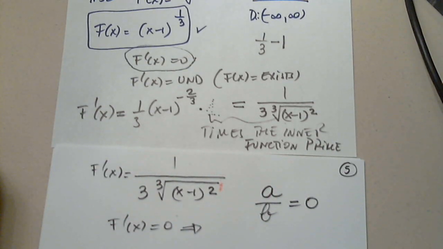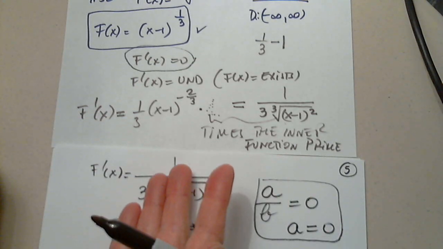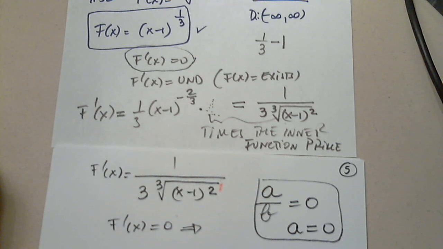Only when the numerator is 0. Exactly. So, thank you so much. A over b is 0 only when the numerator is 0. Can the numerator be 0? No. No.